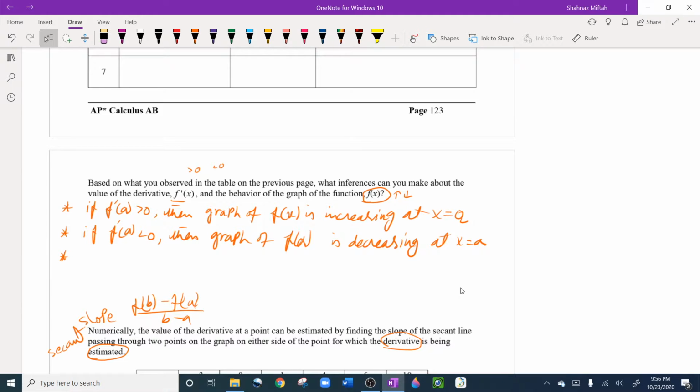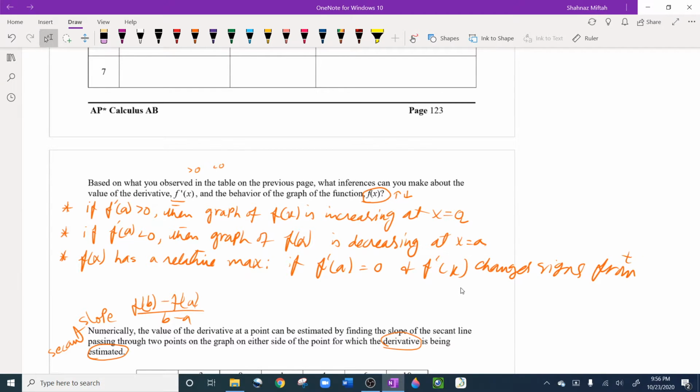Third, f of x has a relative maximum if f prime a is equal to 0 and f prime of x changes signs from positive to negative.